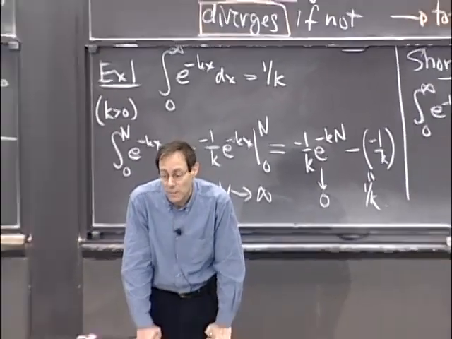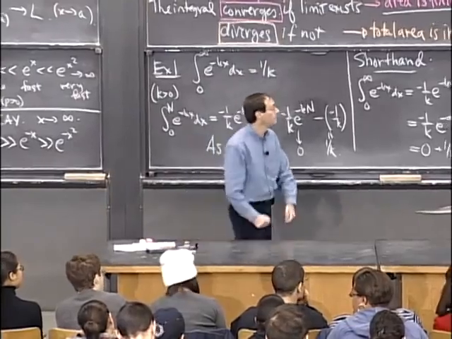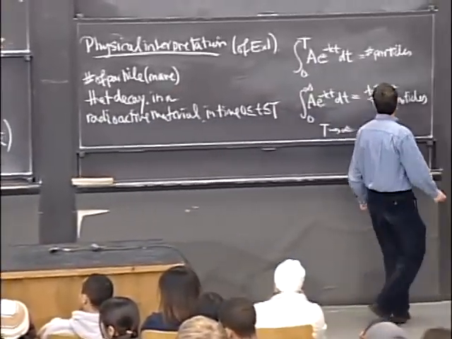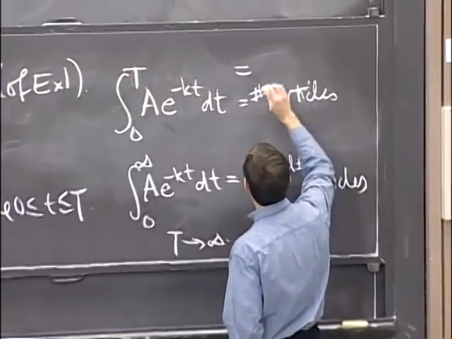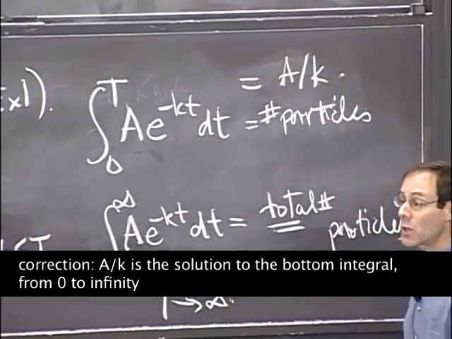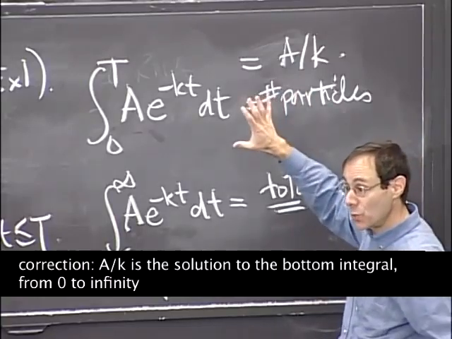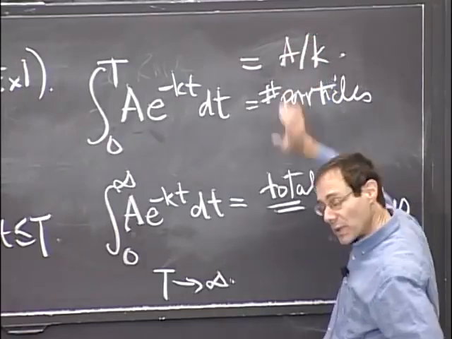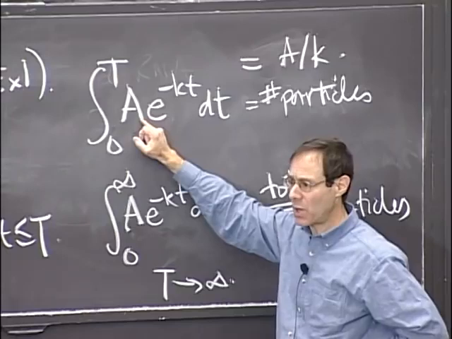Another question. Shouldn't the answer to that not involve k? Shouldn't it just be a, because the initial number of particles would be a, right? The question is, shouldn't the answer be a? Well, the answer turns out to be a divided by k. Which means that when you set up your arithmetic and you model this as a collection of particles, you said it should be a, but that's because you made an assumption, which was that a was the total number of particles.